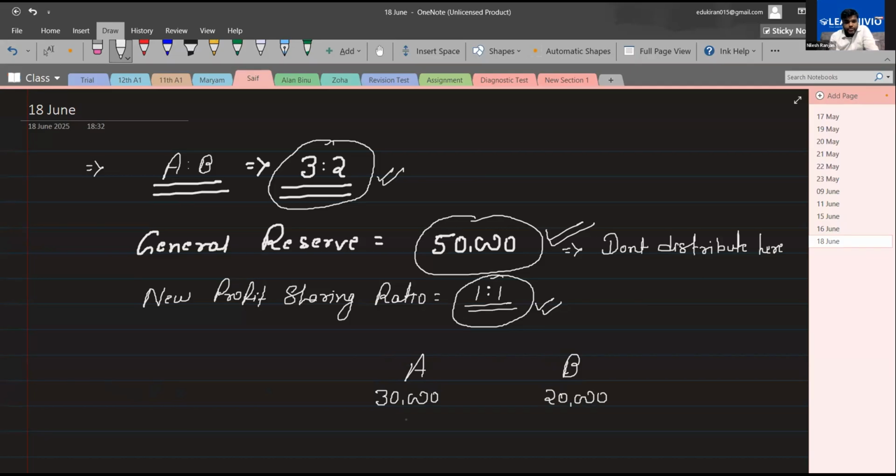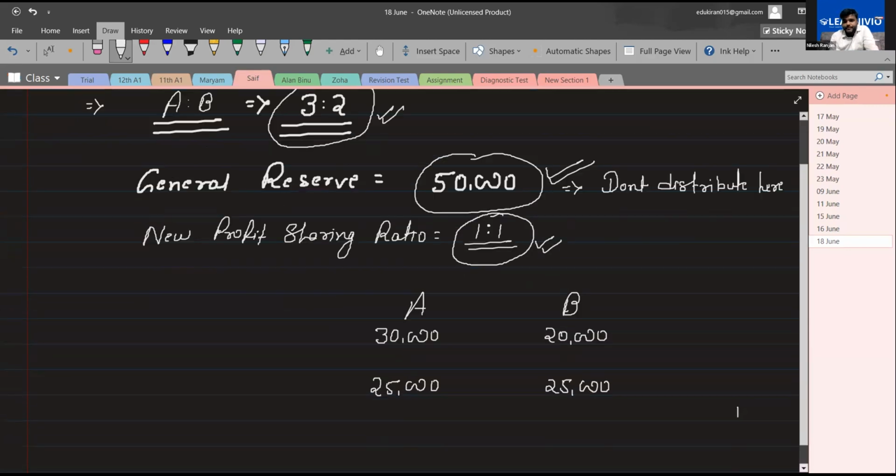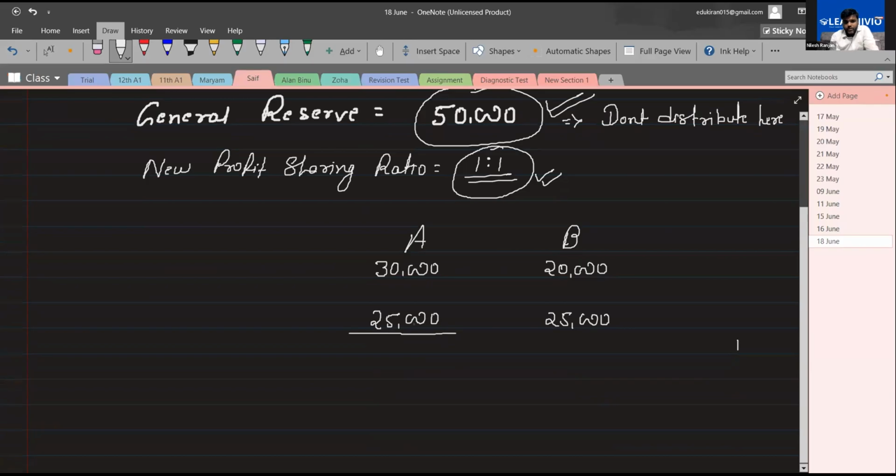But if they don't distribute it right now and in future they decide to distribute it, then they have to distribute it in the new ratio, because at that time the new ratio will be applicable. So there will be a loss to A of 5,000 and a profit to B of 5,000. A will never agree that we should distribute it in the future.